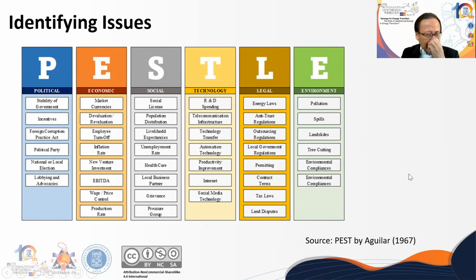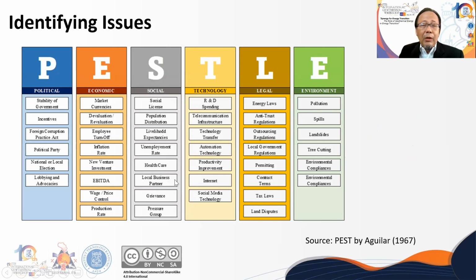It is commonly used from PESTEL: political, economy, social, technology, legal, and also environment. You can see, for example, local business partner is one issue from social, because they need some work, some job from the company.